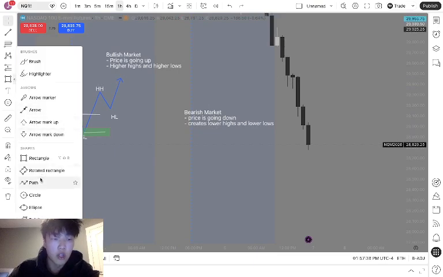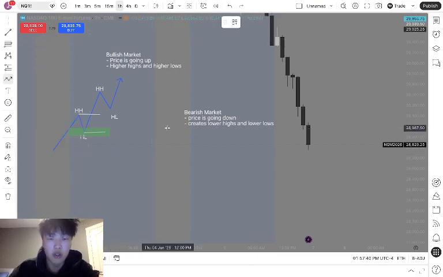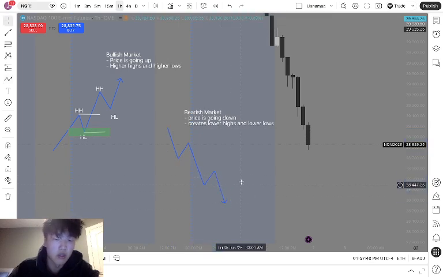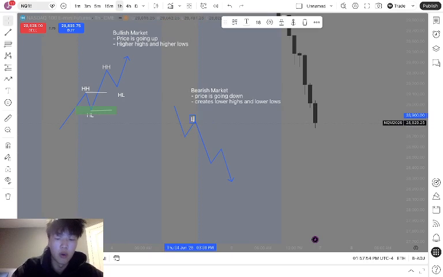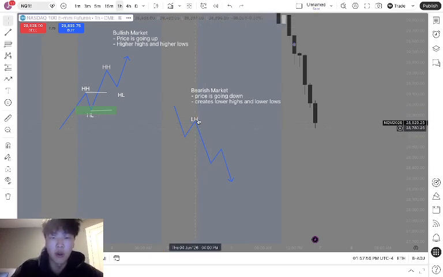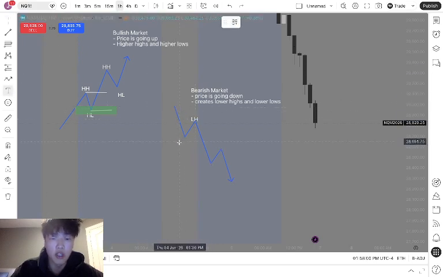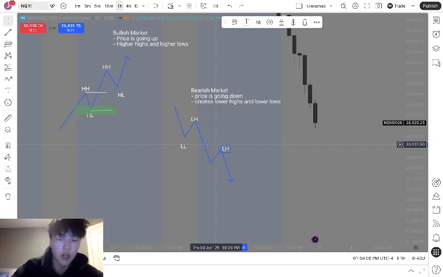Now, a bearish market will start up here. We come down here. This is what a bearish market would look like. Something like this, right? We start off with this lower high, because this high is lower than the high up here. Then we've got this lower low, lower high, and so on, right?